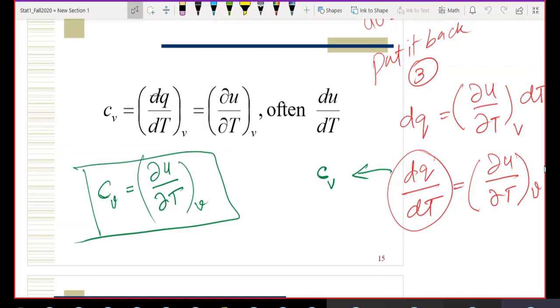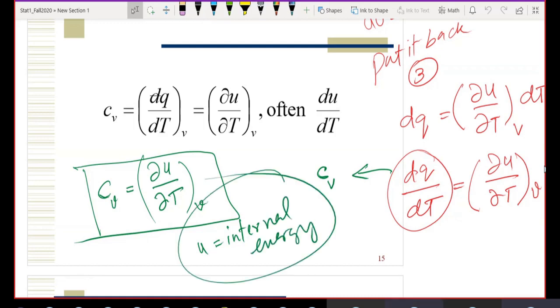Previously it was partial q over partial t or dq over dt, but now it is partial u over partial t, meaning that for a constant volume process, your heat capacity will be a differential of internal energy. U is internal energy, no? You know that. Yes. So now it is a differential of internal energy with respect to temperature. There you have another definition.